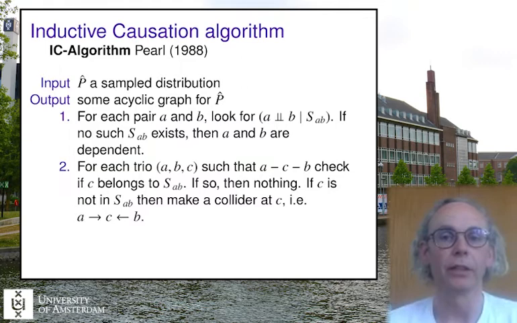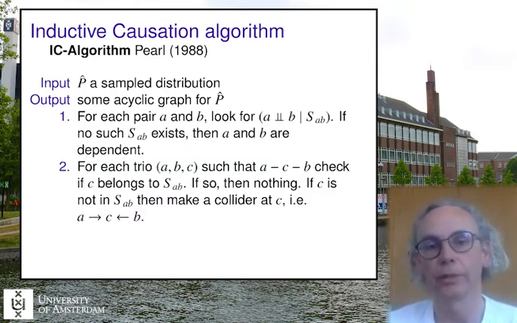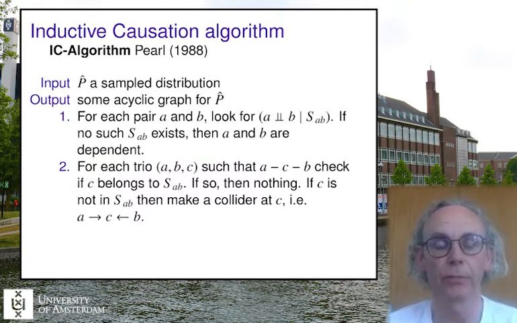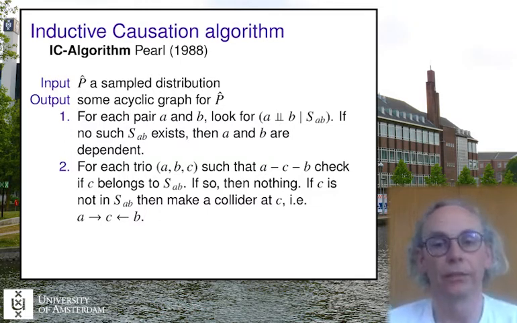Then, after we've done that for all pairs of variables, so for large graphs, this is a huge number to check, we take a triplet or trio, A, B, C in this case, for any set of variables, and we check to see whether there's a connection between A and C and B and C, but no connection between A and B. If we then check to see if the variable C belongs to the separating set for AB, S_AB, then if there is such a variable, we do nothing.